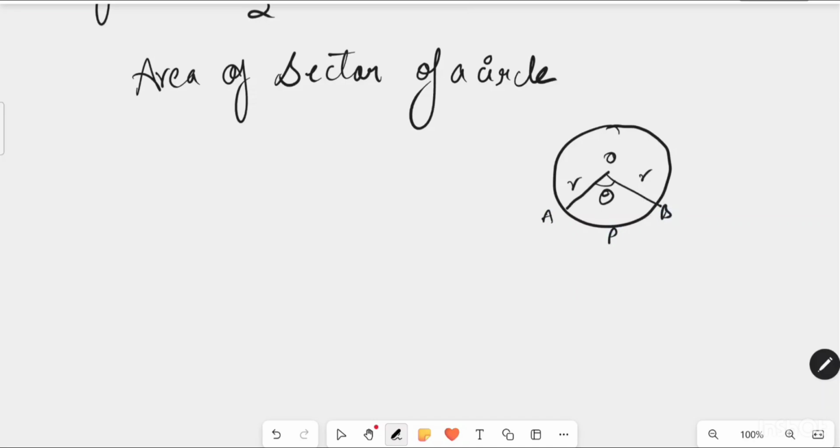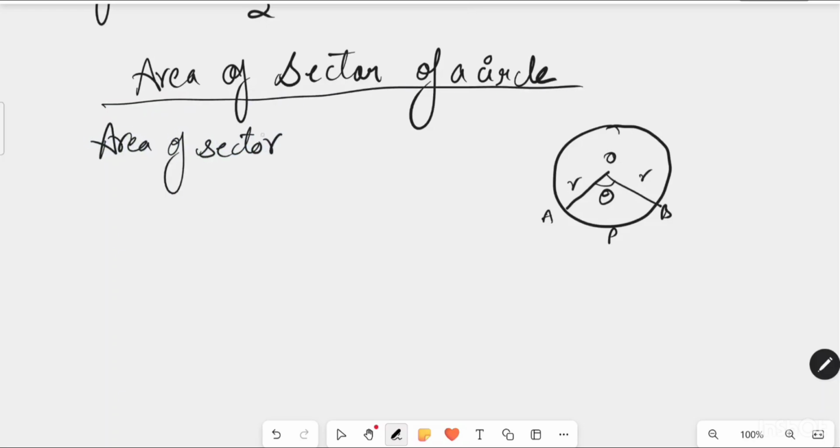So area of sector is theta by 360 into pi r square.